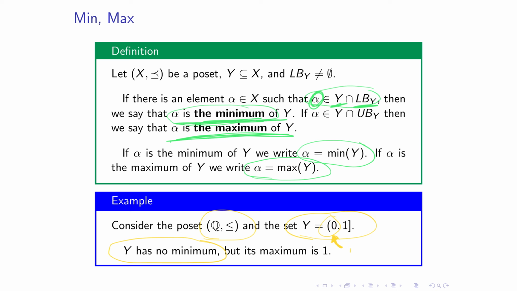So if you tried to take alpha equal to, I don't know, 1/1000 or something like that, a very small number but bigger than 0, then there's always going to be some number in between 0 and this choice of alpha, and that's going to mean that alpha is not a lower bound on Y. So anyway, this is all just to explain that Y has no minimum. It's a demonstration that not all sets have a minimum. But it does have a maximum, and the maximum is 1.